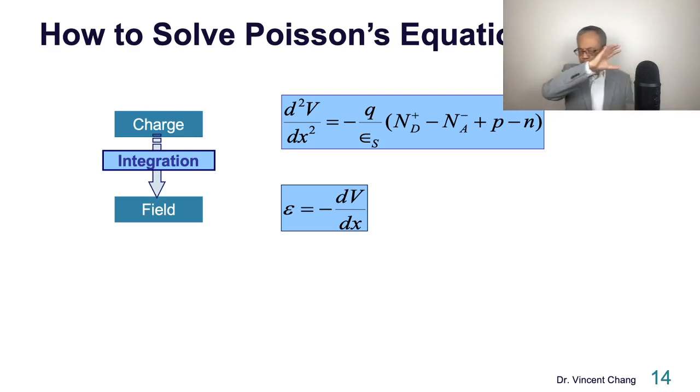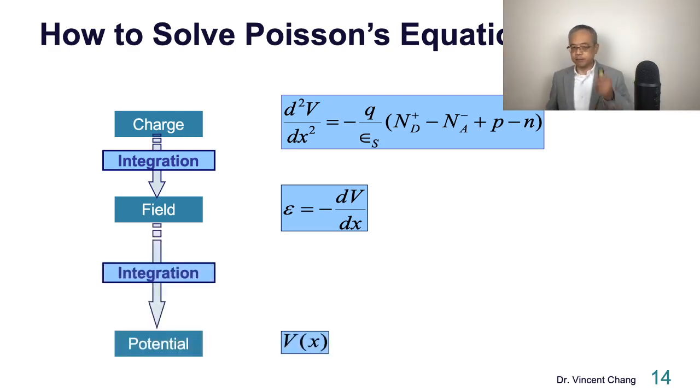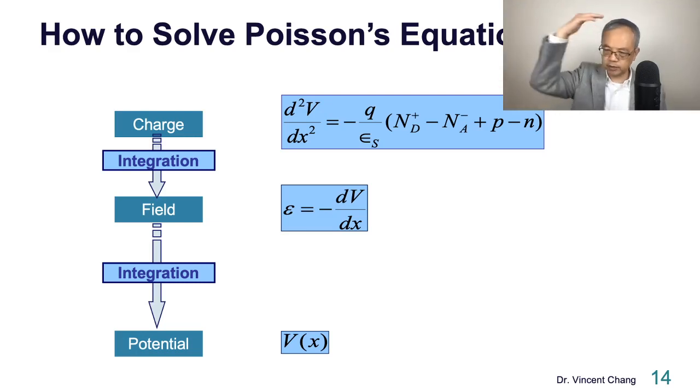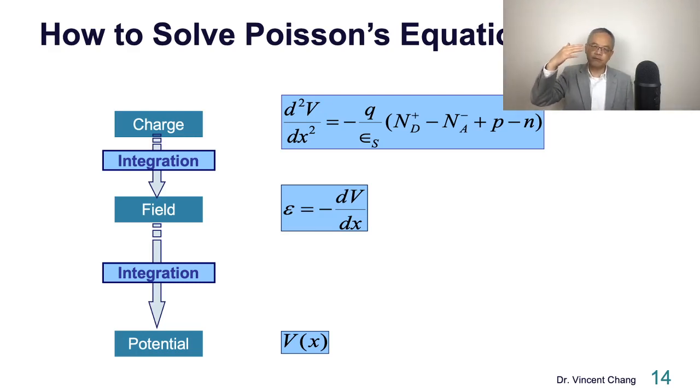And then once the electric field distribution is solved, if you go one step further, then you get the potential distribution. All right? So remember this. Charge, electric field, the electrostatic potential distribution. So charge, field, potential. Okay? So now you don't have the excuse of saying that you forgot everything you learned from electromagnetics, or that you never learned electromagnetics well, okay?